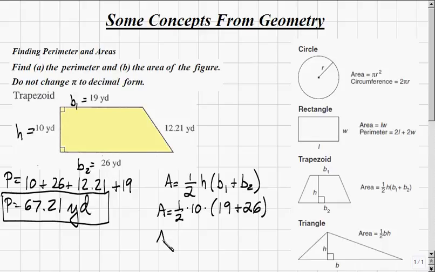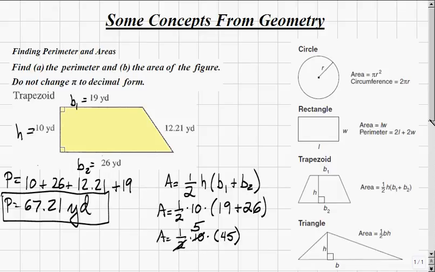So, using order of operations, we'll first simplify within the parentheses, and 19 plus 26 adds up to 45. So 1/2 multiplied by 10 multiplied by 45. Next, multiplying left to right, we see that we have 1/2 multiplied by 10. Half of 10 goes in 5 times.